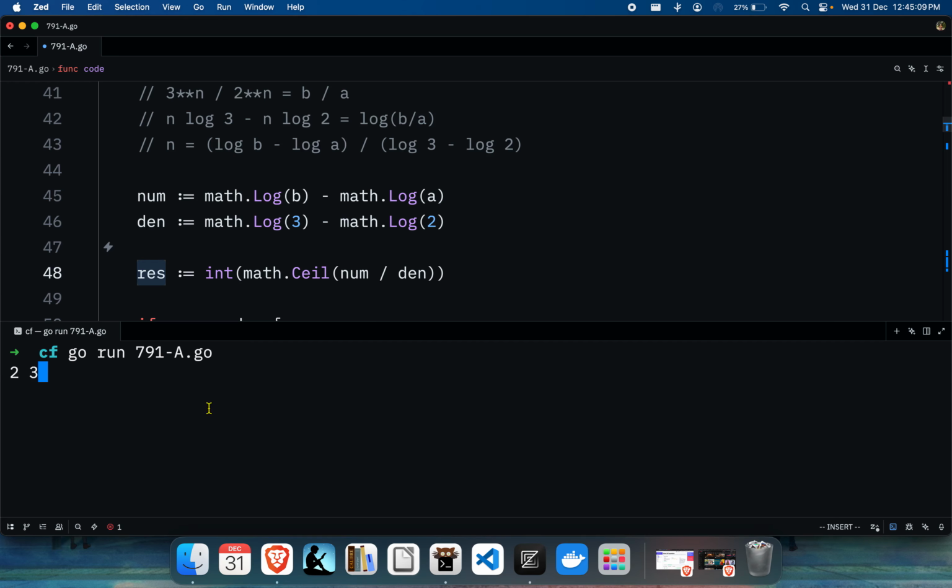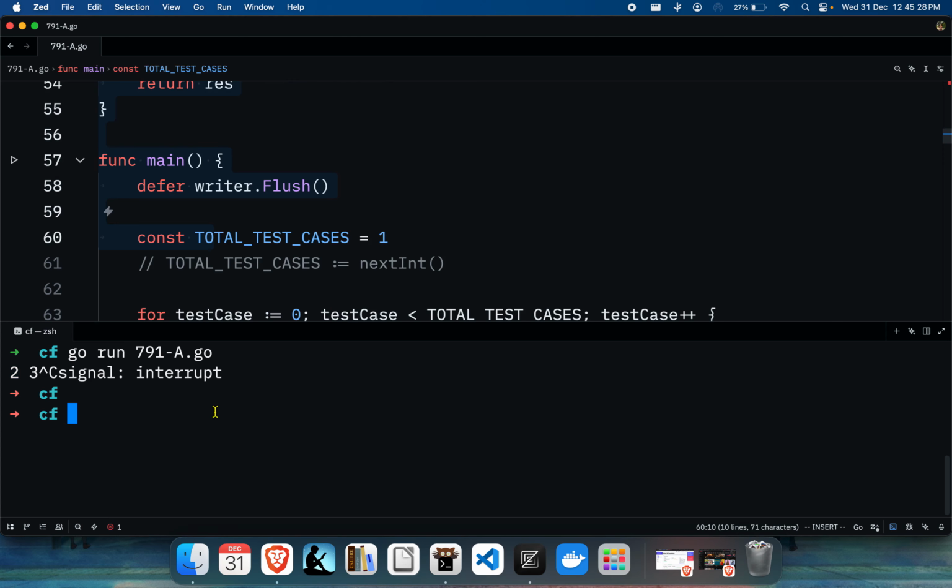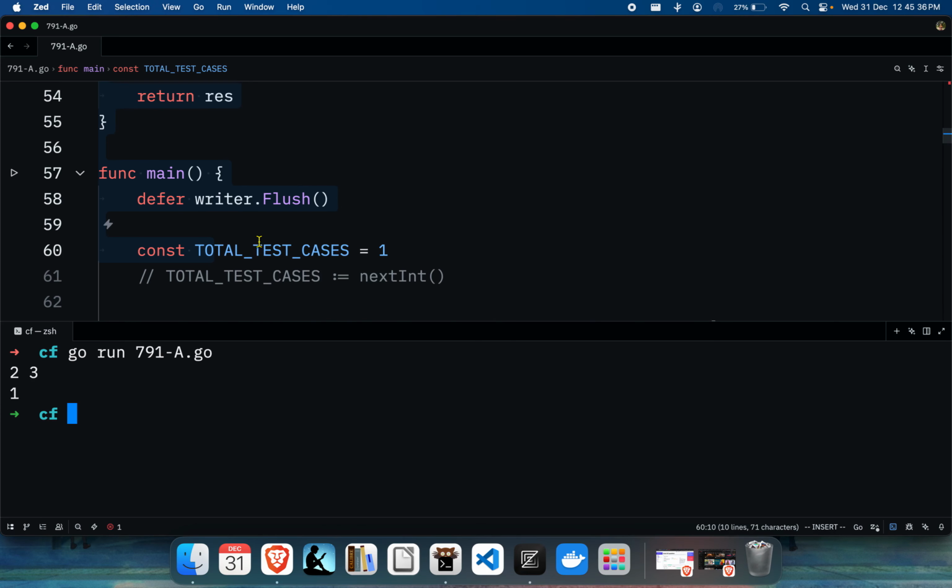In the next year 2 would become thrice the size, which would be 6, and 3 would become twice the size, which would be 6 again. So in this case they are the same size. If I just remove this case, it would show me that within 1 year you are getting the size, so it's 2 and 3 within 1 year, which is wrong.